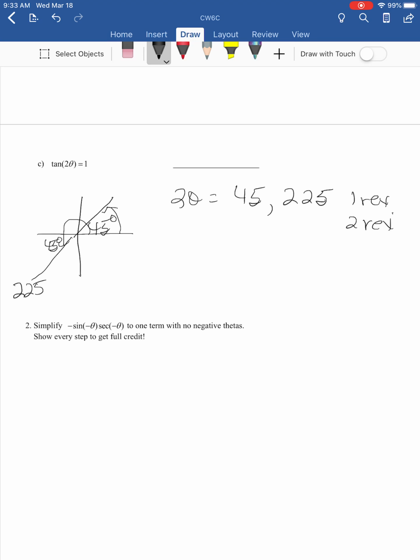So with a calculator, 45 plus 360, and I'm going to get 405. And then I'm going to take 225 and add 360 to it, and I'm going to get 585. But these are what 2 theta equals.